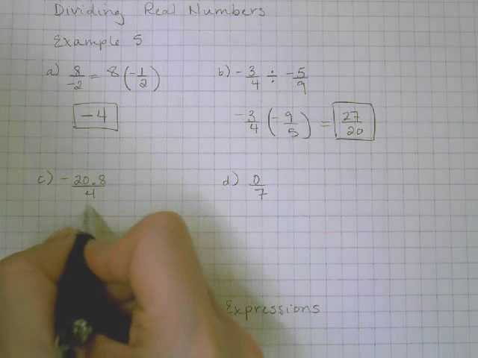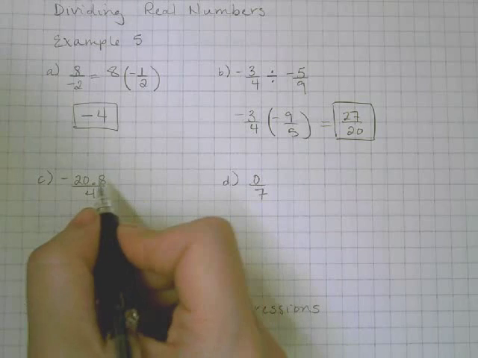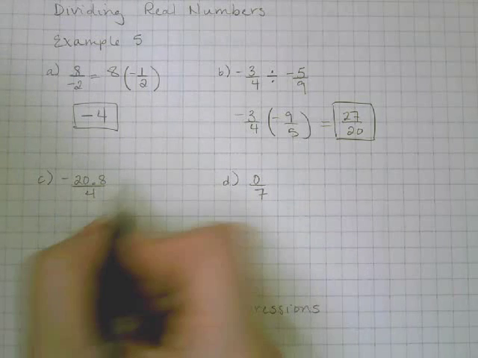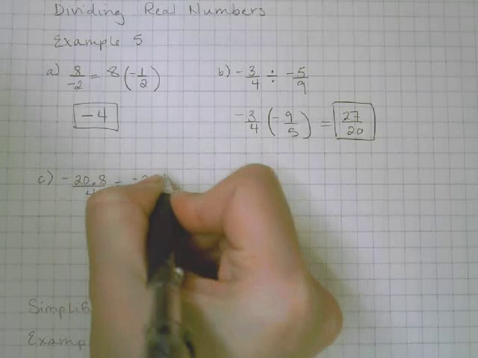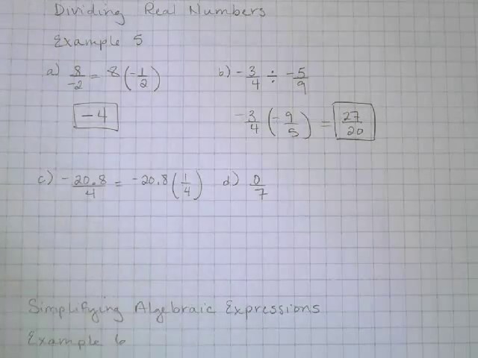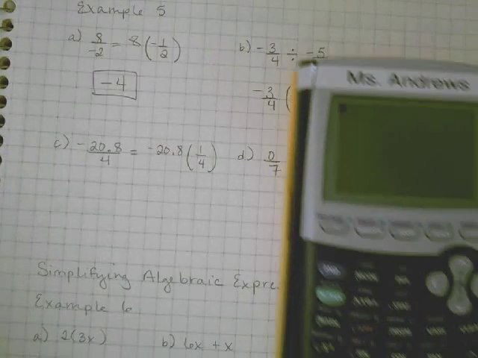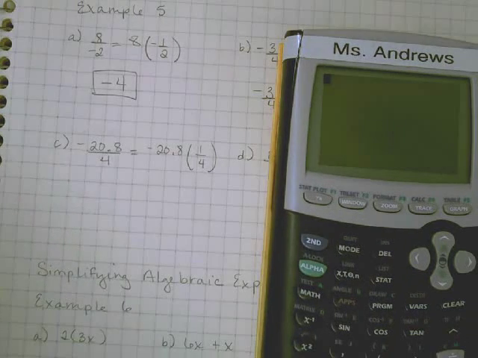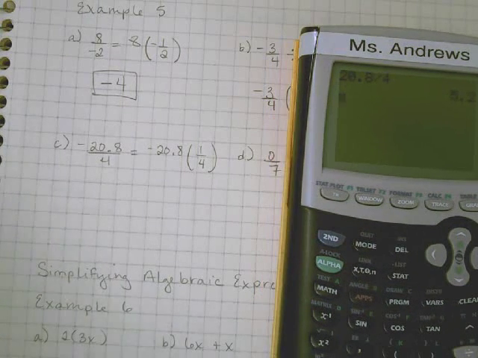Negative 20.8 divided by 4 is the same as negative 20.8 times 1/4. So I'm going to go ahead and go to the calculator for this one. Whoops, not 200. 20.8 divided by 4 is 5.2.